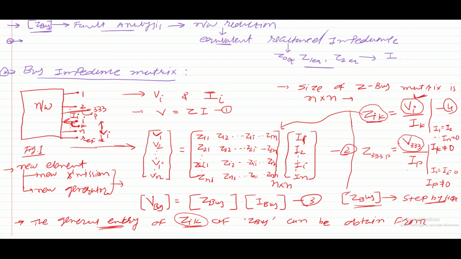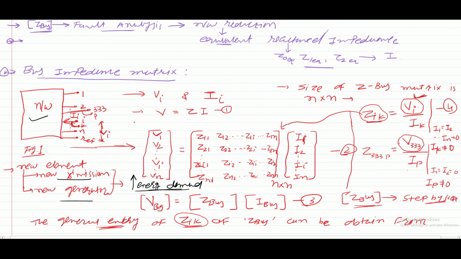Because of the increase in energy demand, or load demand. Because of this reason, we need to install a new transmission line, new generating station or new generator in our system.